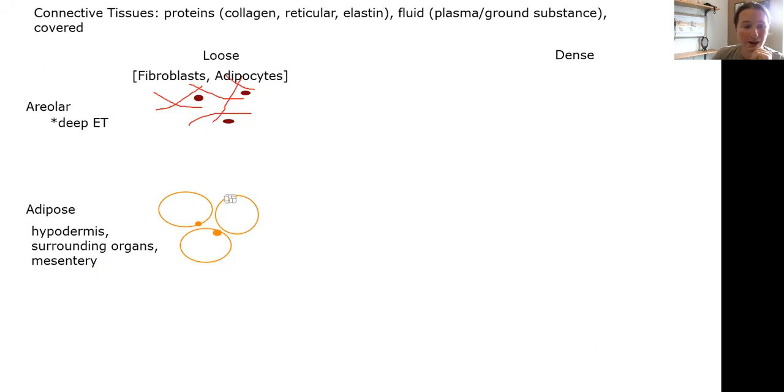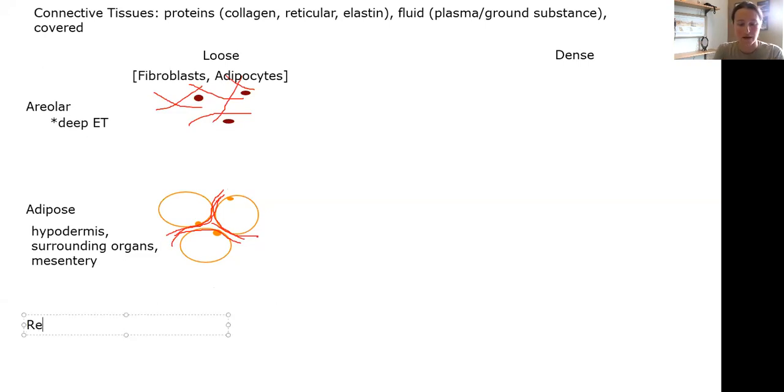But here in the adipose itself, those protein fibers are wedged in between these poor little cells, so they're squished in between. Again, adipose is generally superficial on the organs. It can be a little bit difficult to see because the cells are white, but they're big, they're globular, and of course they're filled with our favorite fat.